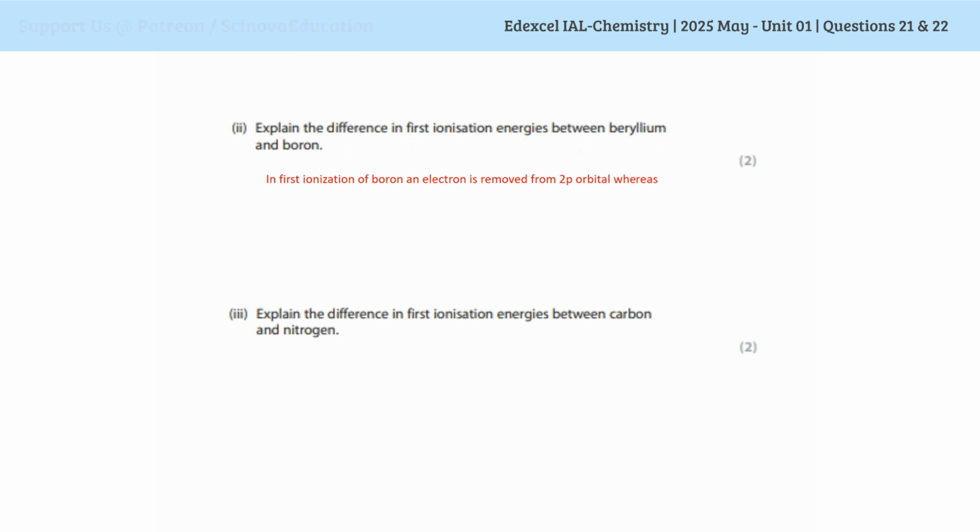So when it comes to boron, removing of an electron is easier compared to beryllium.